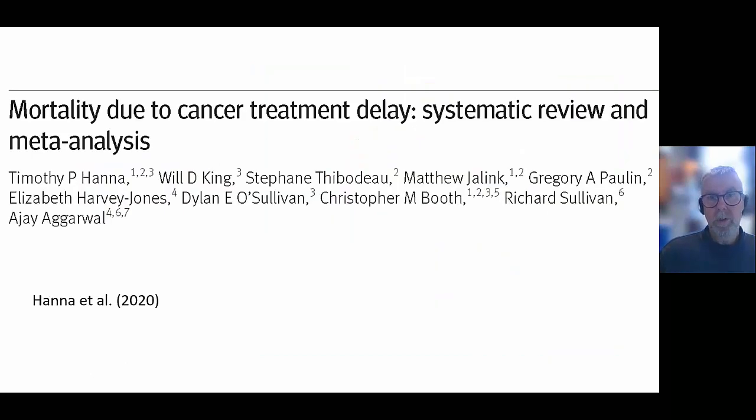But we all know that in the great majority of research papers, most data is expressed either within open text or within tables. So let's have a brief look at an example which will be a nice segue into some basic descriptive statistics. So here is a paper I found from 2020, which is a systematic review and meta-analysis considering the effects on mortality due to delay in treatments across a range of cancers.